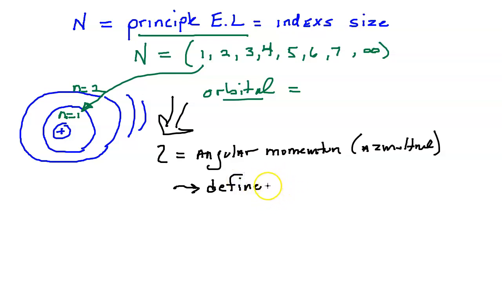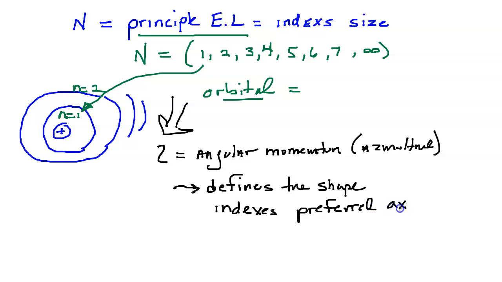It's really important, the basic shape. And the way it does so is it defines a shape by understanding that this number really indexes preferred axes of the shape.